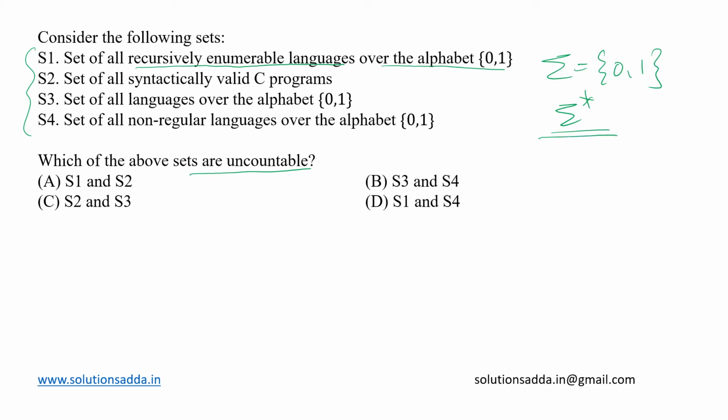And now we also know that every Turing machine will have a unique binary encoding. Since we have the alphabet 0, 1, we shall have a unique binary encoding for every valid Turing machine. So based upon these facts, since we have the recursively enumerable languages and all of these languages have a corresponding Turing machine, if Turing machines are countable, then the set of recursively enumerable languages will also be countable.